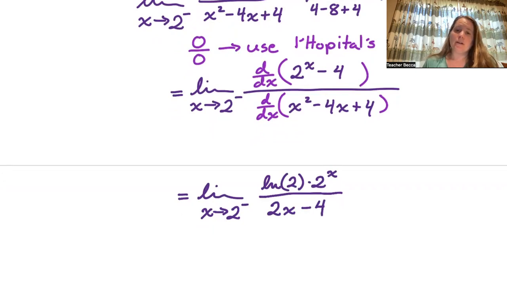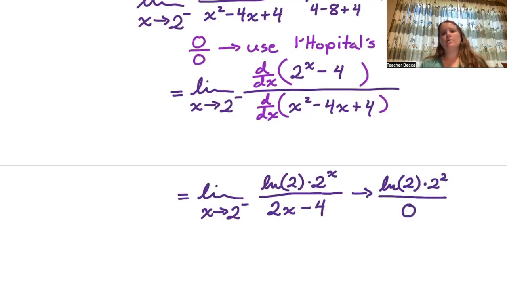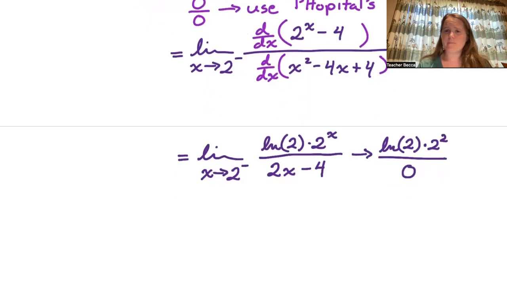This numerator will go to the natural log of 2 times 2 squared. The denominator goes to 0. So this is a case where we're going to infinity. The question is, will it be positive or negative infinity?